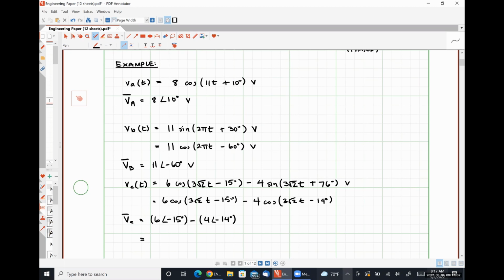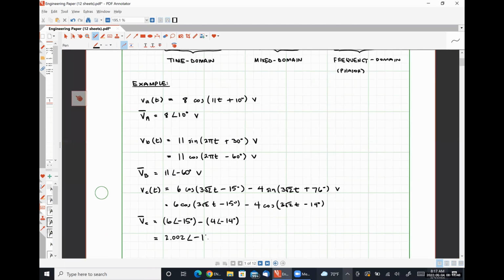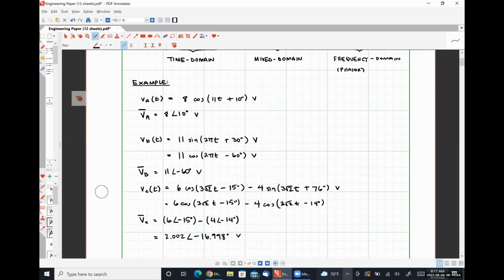And to me, that looks like 2.002 with an angle of negative 16.998 degrees volts.